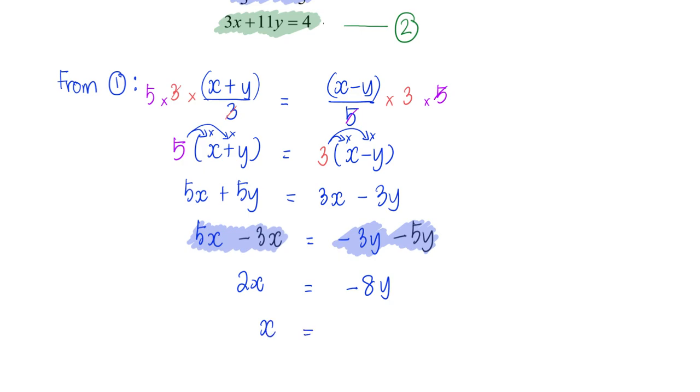Eventually, you should get this. I'm going to divide by 2 on both sides, and this will be my equation 3: x equals negative 4y. And what are we going to do next?